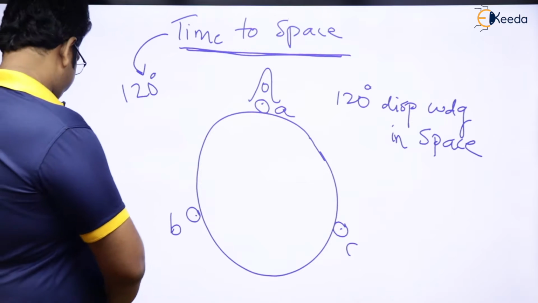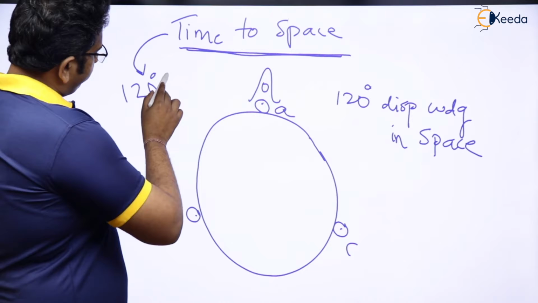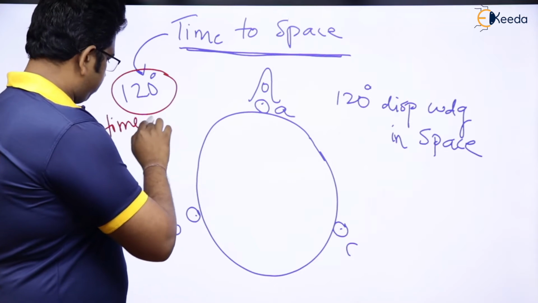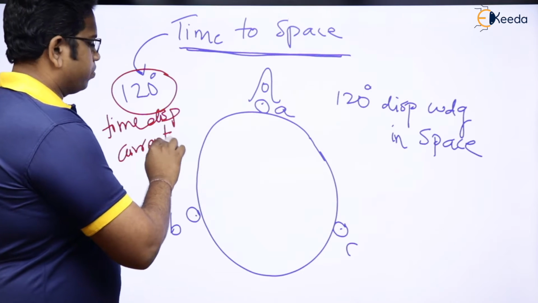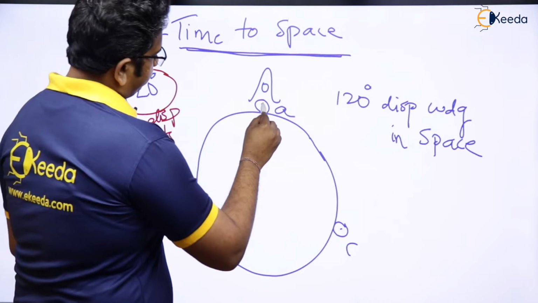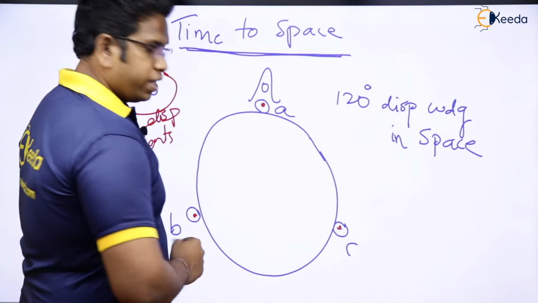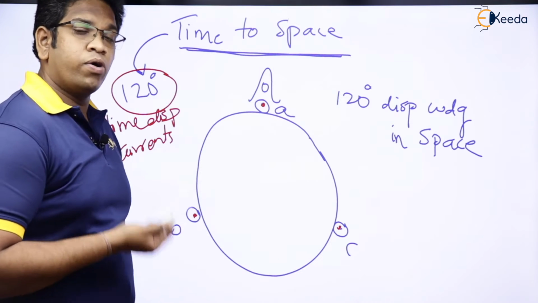So let us see here. For example, if I am flowing 120 degrees time displaced currents through 120 degrees space displaced winding, let us say these are the currents, and these are 120 degrees displaced. So what is going to happen?